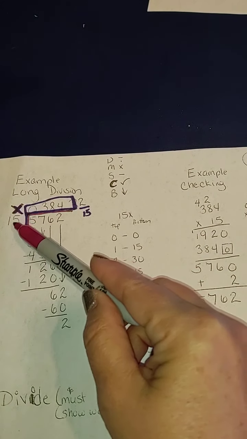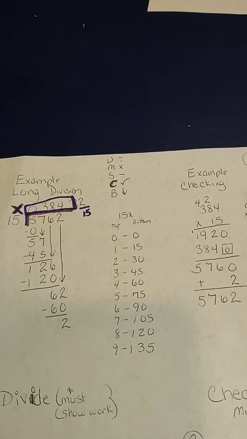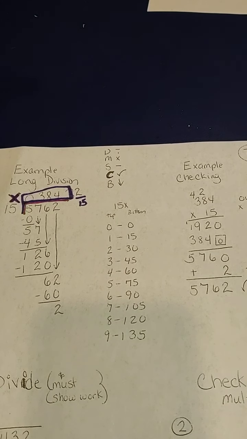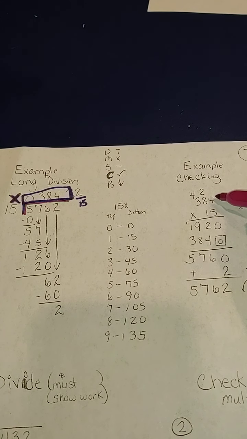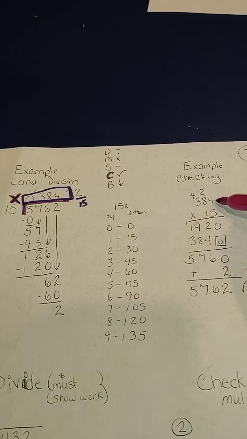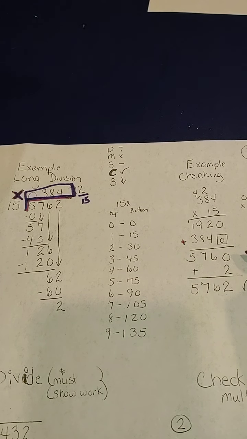So if we multiply these two numbers, we should get what is on the inside, and that is how we check our work. So you take your quotient, which is the answer, 384, times 15, the divisor, and when you multiply through and then add your partial products, you get 5,760. Well, that is not our original dividend.